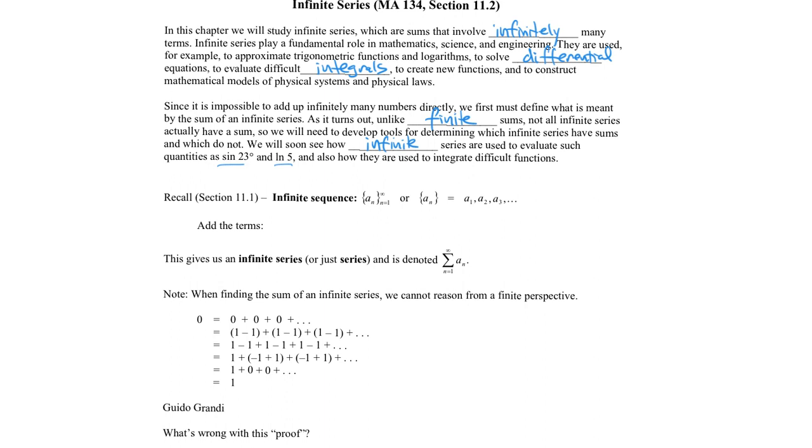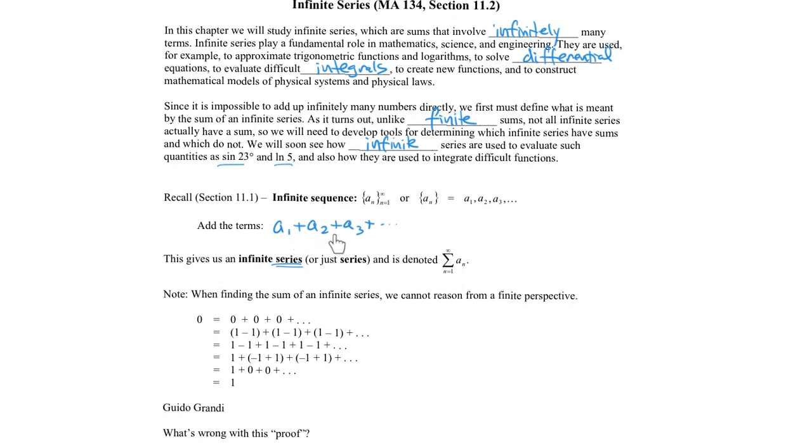Well, if we were to add these terms, then we're going to get something else. So if we were to take these terms and add them, a sub 1 plus a sub 2 plus a sub 3 plus, and on, then what we get is what's called an infinite series. So a sequence is a listing.